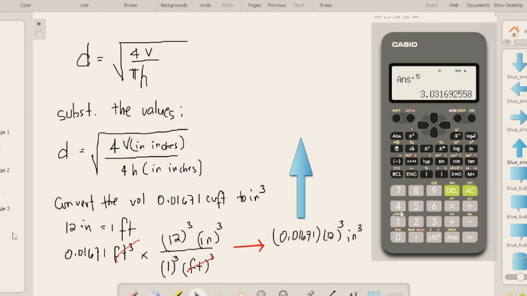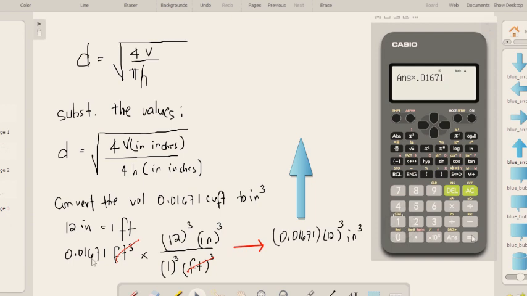So if we are going to use the calculator here, you press 0.01671 multiplied by 12 cubed, equals.